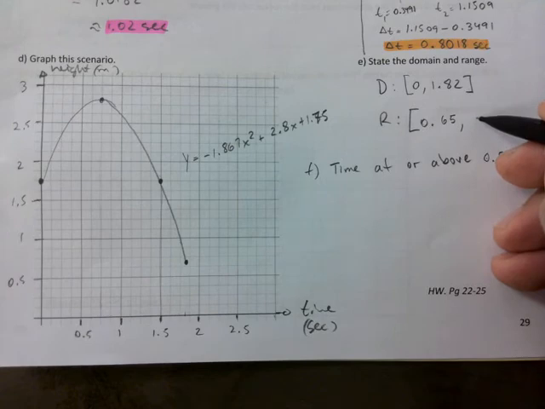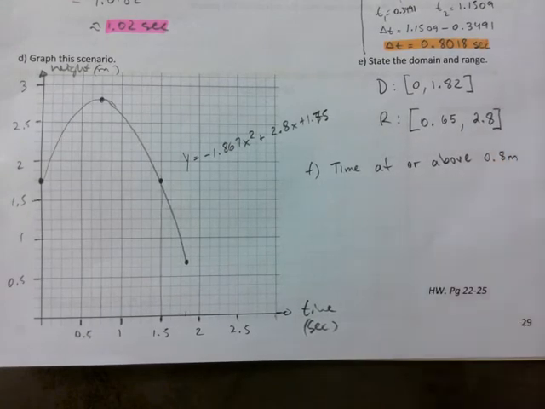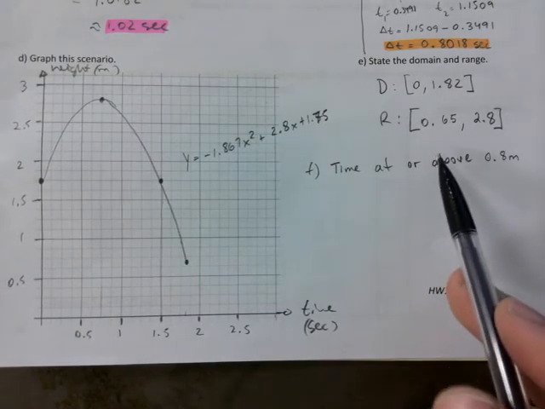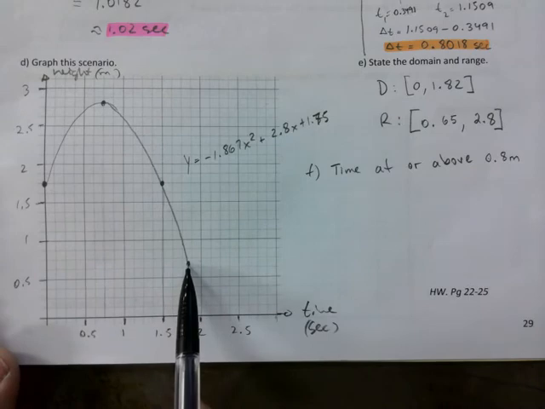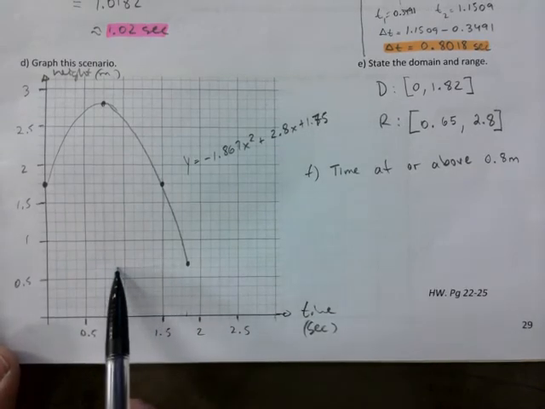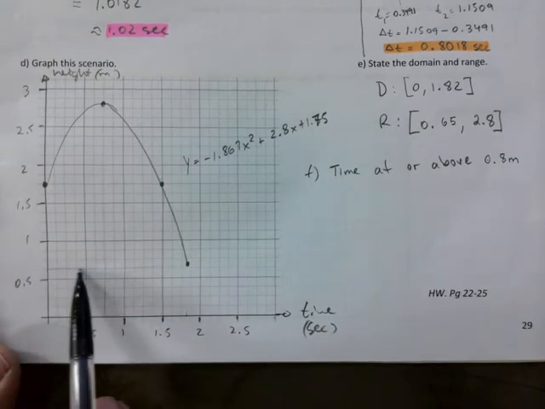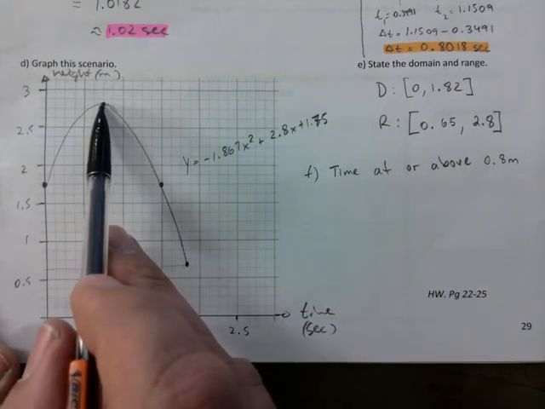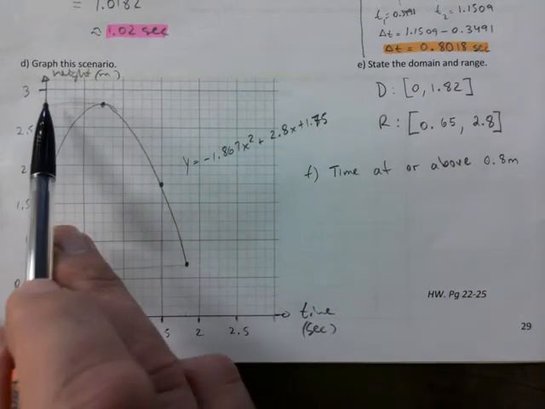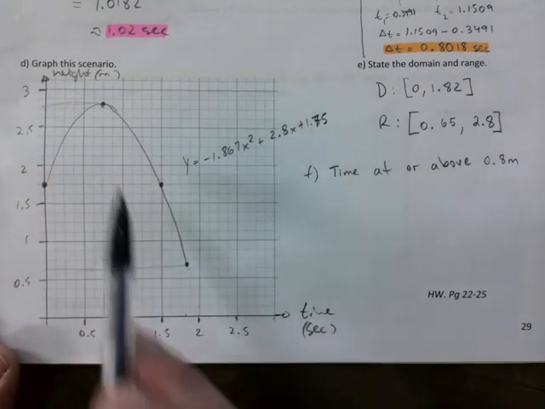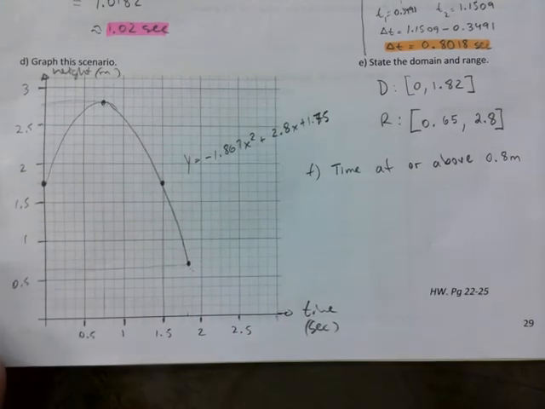That's the lowest, and that's the highest, right? So if you want help with the range, you go to your graph, you make a very, very light line, like, okay, it's from here all the way to here, right? And then you kind of figure out these y values, and that's that.